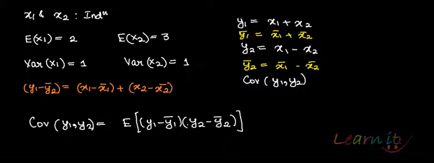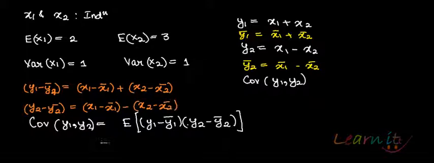This is what you'll have. What about y2 minus y2 bar? It will be x1 minus x1 bar minus x2 minus x2 bar. This is what you will have.